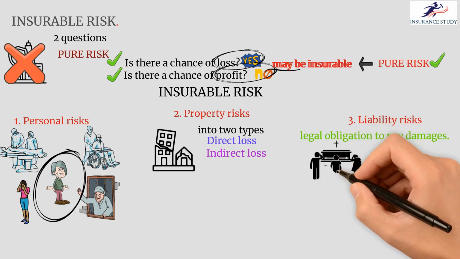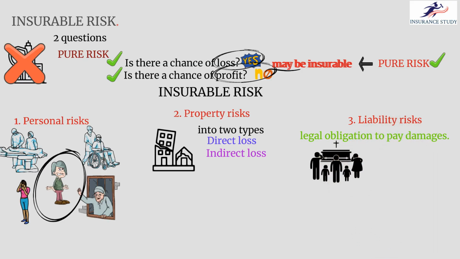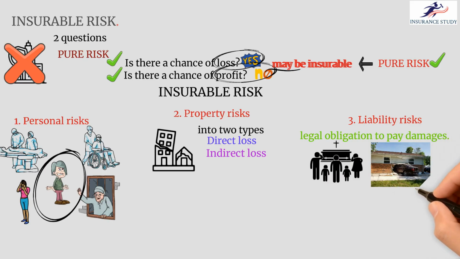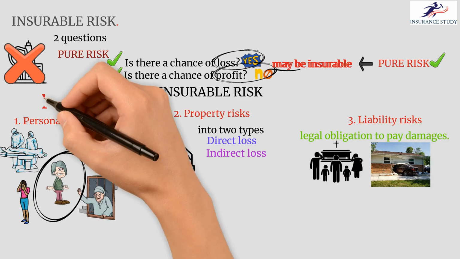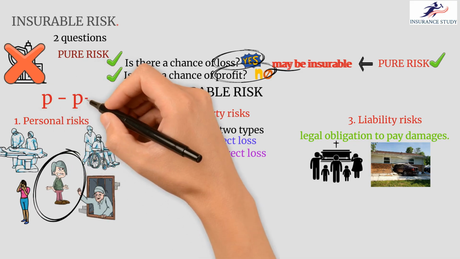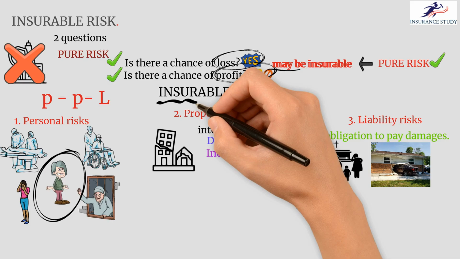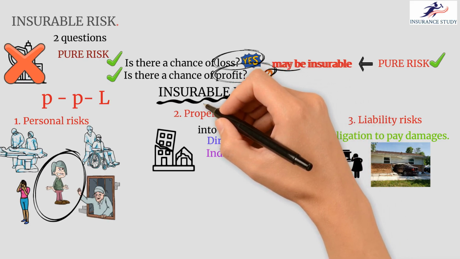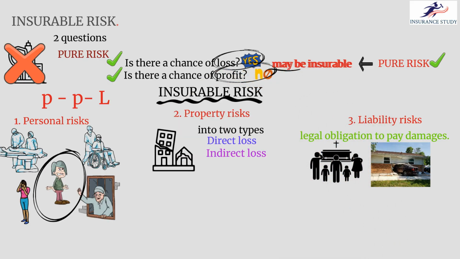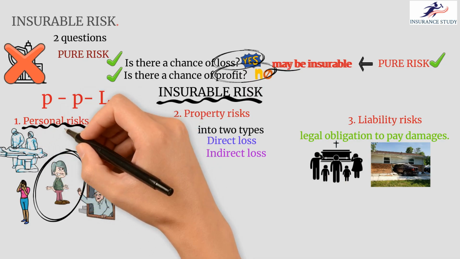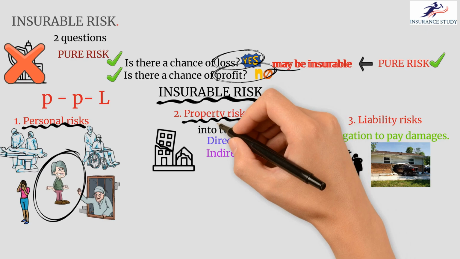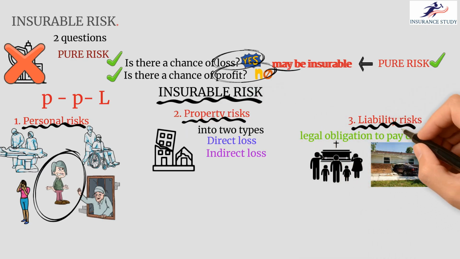This may result from injury or death of another person or damage to another person's property. So remember PPL: personal, property, liability. So exam tip: if the question asks for the three broad categories of insurable risk, remember personal, property, liability.